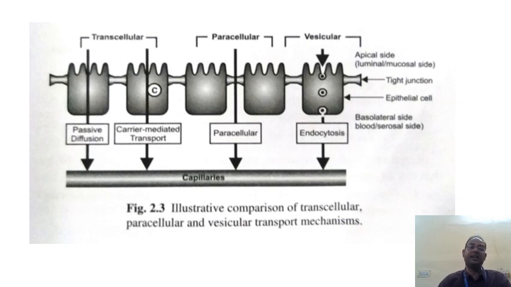Here the drug travels from the epithelium and enters into the cytoplasm, then leaves the cell and reaches the capillaries. So the drug is traveling through the cell cytoplasm, reaches the other part and then reaches the capillaries. If the drug transport occurs like this, it is called the transcellular mechanism. Please remember this. This involves three steps.